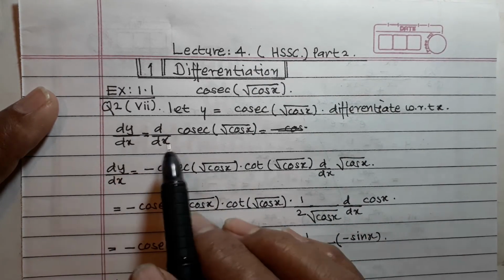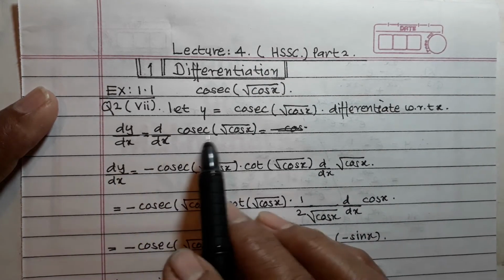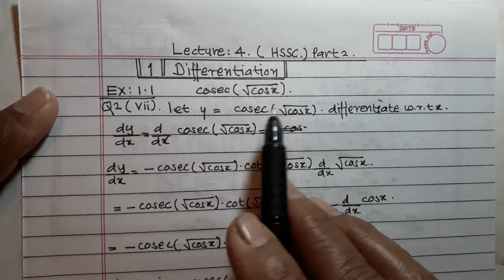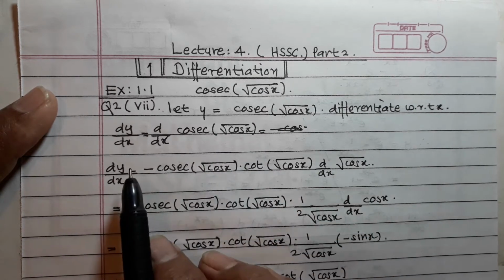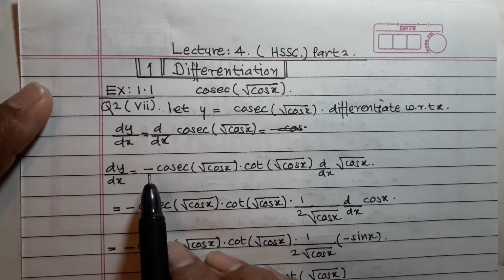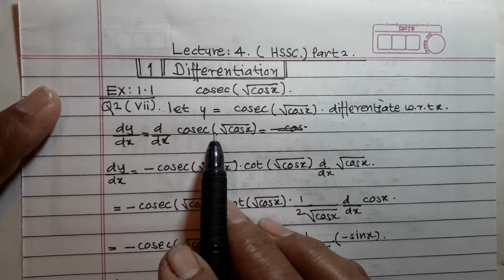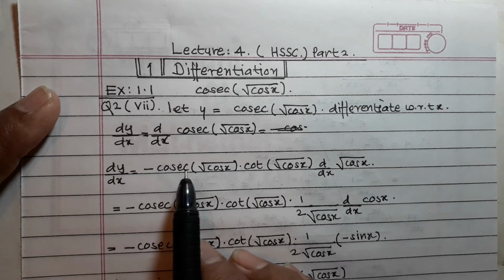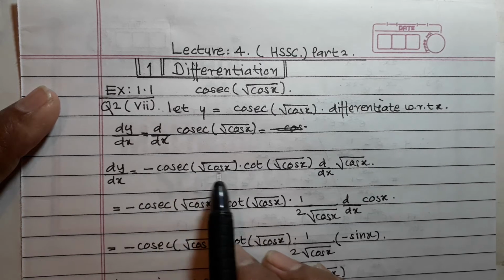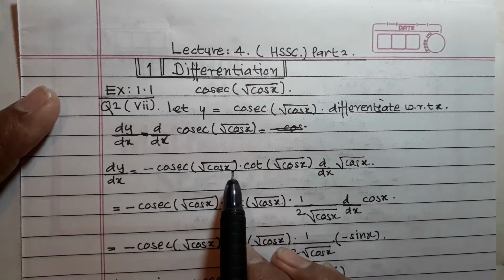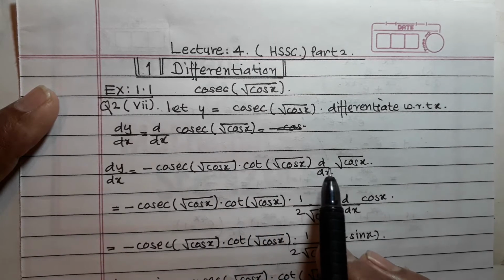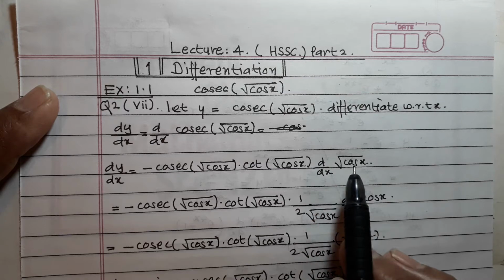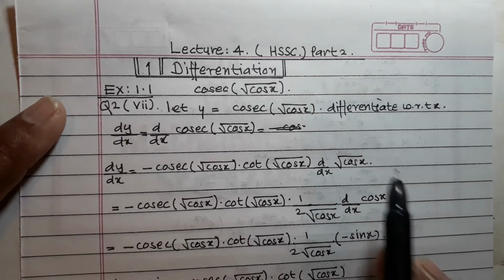So dy/dx is equal to d/dx of cosec under root cos x, and therefore dy/dx is equal to, so derivative of cosec is equal to minus cosec root cos x into cot root cos x, and derivative of root cos x.